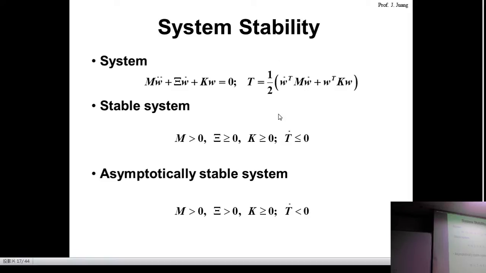But in the second order system, you don't really have to solve the eigenvalues to determine stability. We can check the positive definiteness of the matrices M, zeta, and K, then we'll know whether the system is stable or not without solving the eigenvalues and eigenvectors of the system matrix.